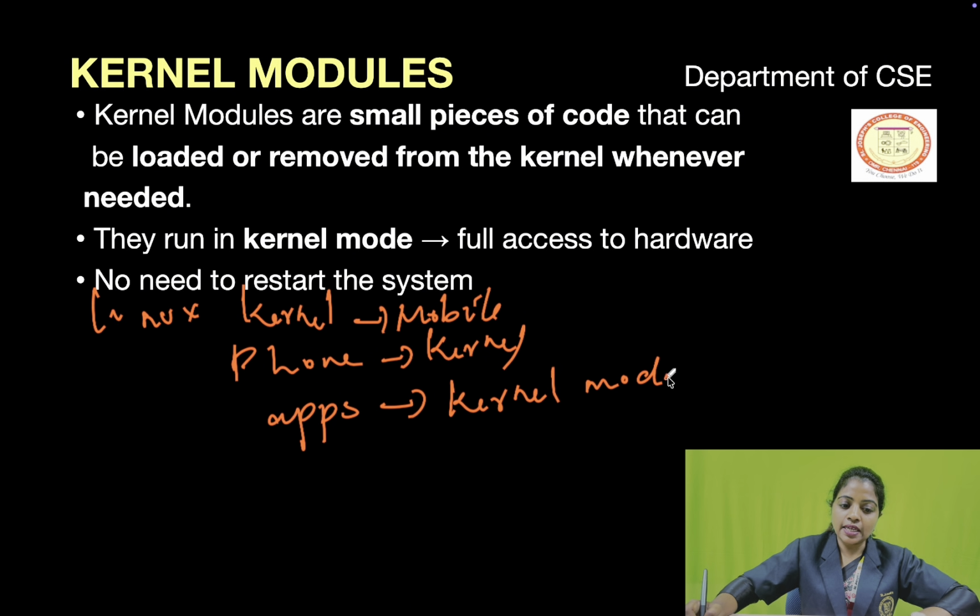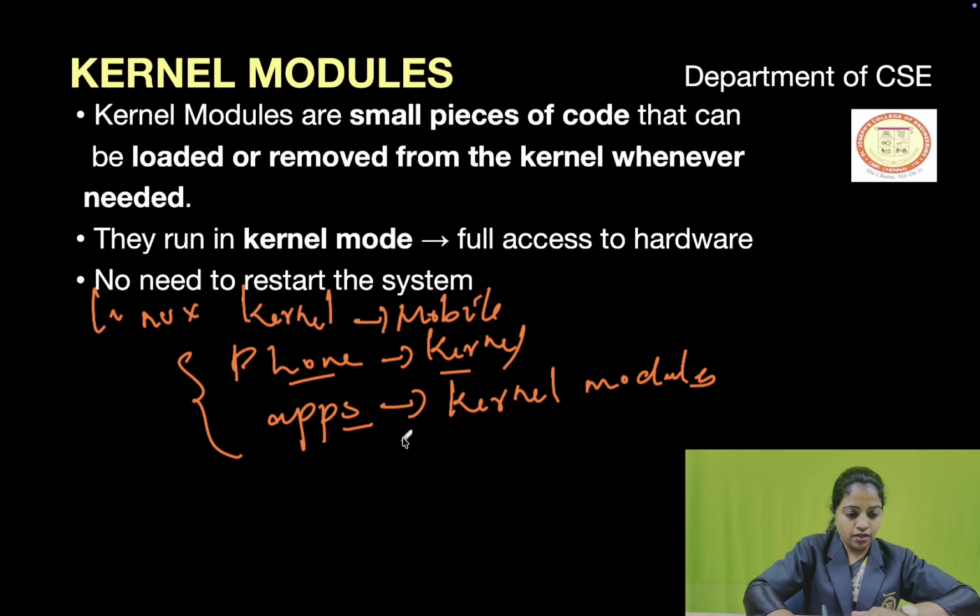For installing apps like WhatsApp, you don't have to rebuild or restart your phone. You can just install an app. So the phone is like your kernel and apps are the kernel modules. Linux adds features using these modules instead of rebuilding the kernel.